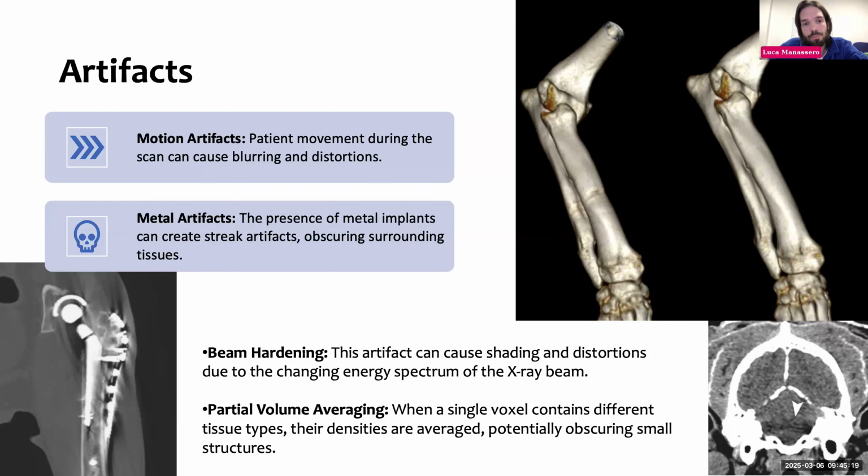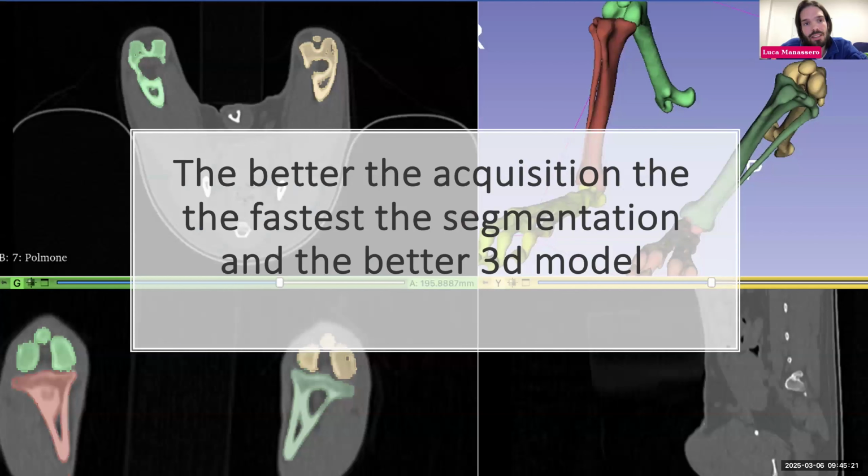So in general, I think that the better the acquisition, the faster the segmentation, and the better the 3D model will be. So we have to keep in mind what we have said, because it is not just a matter of "here's the CT, do the model."